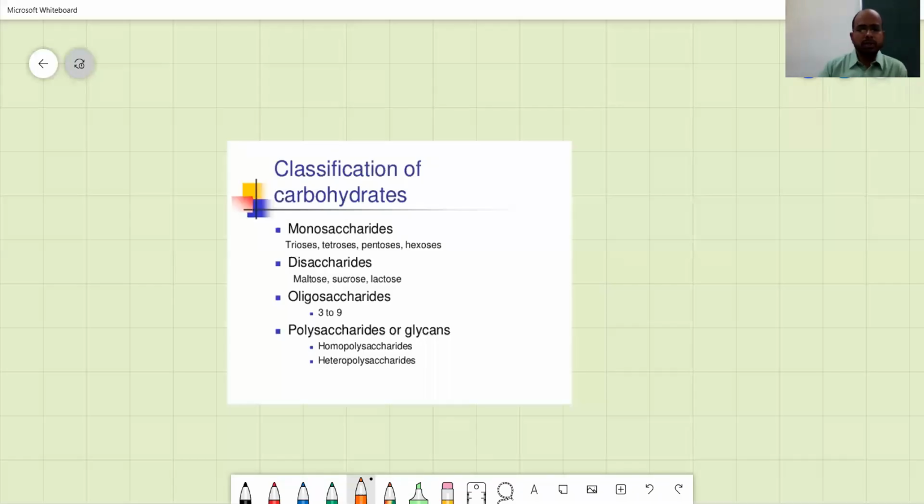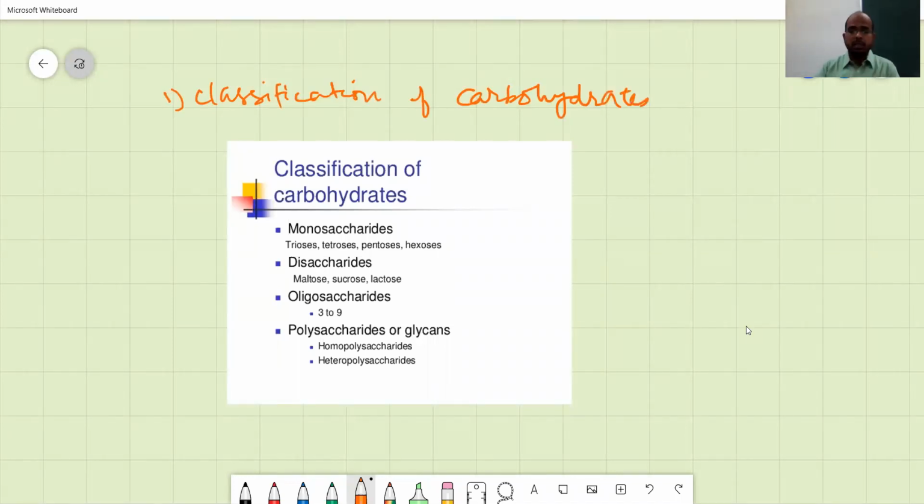At first, you need to remember the classification. Classification of carbohydrates is the basic question that they ask, and it is to be done as monosaccharides, disaccharides, oligosaccharides, and polysaccharides.